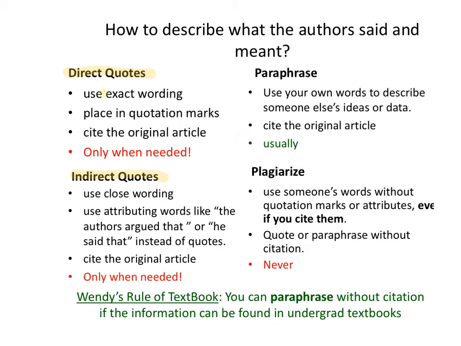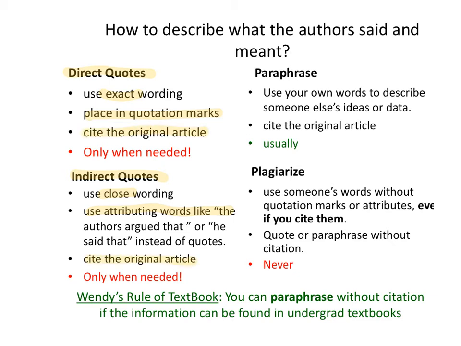They use exact or close wording, and they're indicated that they're a quote by either placing it in quotation marks or by using attributing words like the authors argued that or he said that, something that indicates that you're then using their wording. So in both of these cases, of course, we must cite the original article.